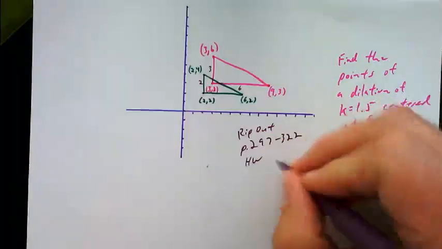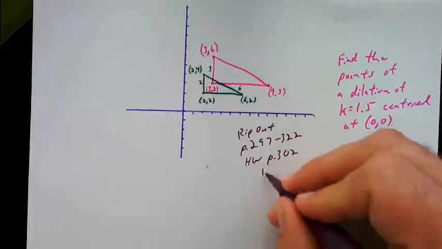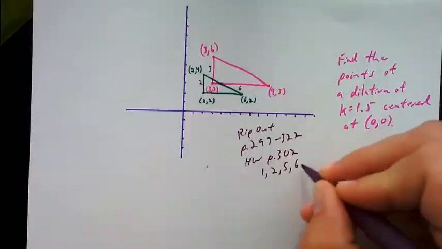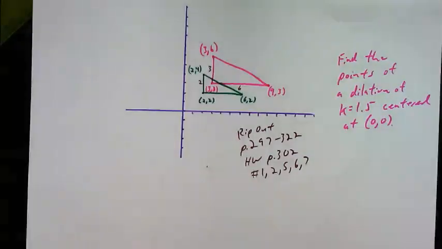The homework, my bad, was page 302, numbers 1, 2, 5, 6, and 7. All right, so it's 5 problems. So again, try those 5 problems, and then I would recommend starting to work on the review as well.